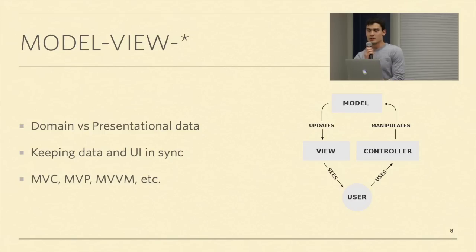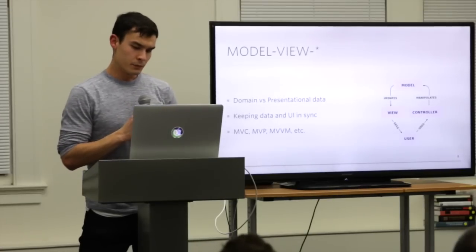Separating these things so that you can reuse your UIs and reuse your data is the main concern here. The problem is that this model is a little bit too idealistic in terms of how these systems are actually implemented and how we grow these systems and scale them.